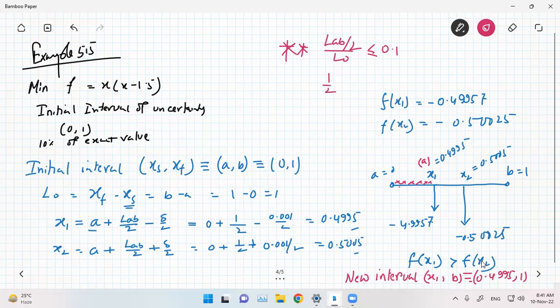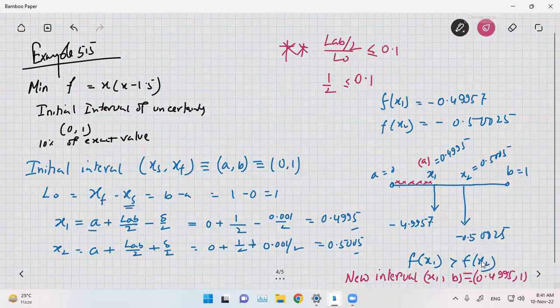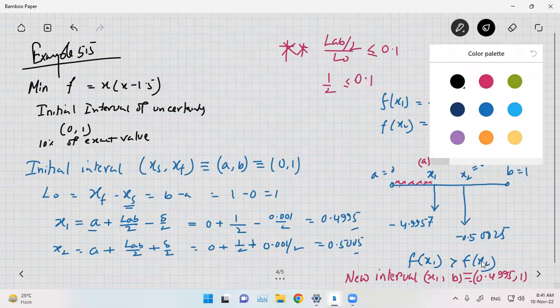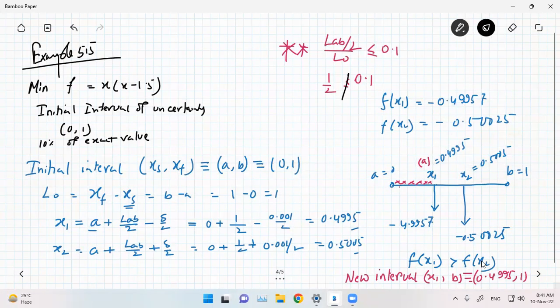So basically half, 0.5, the condition says that 0.5 has to be less than 0.1, which cannot be true. So the stopping condition is not verified, or the exact value accuracy is not achieved. That is why we proceed to the next iteration.